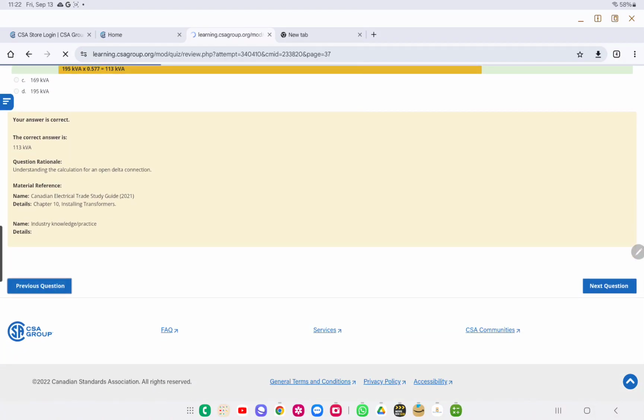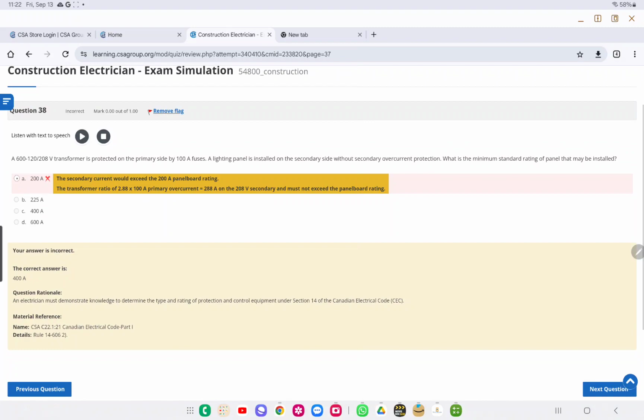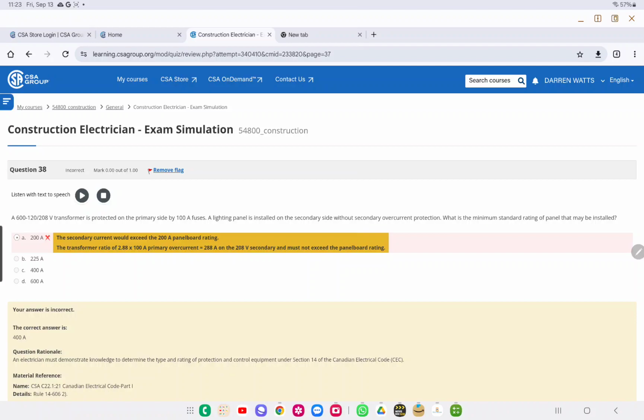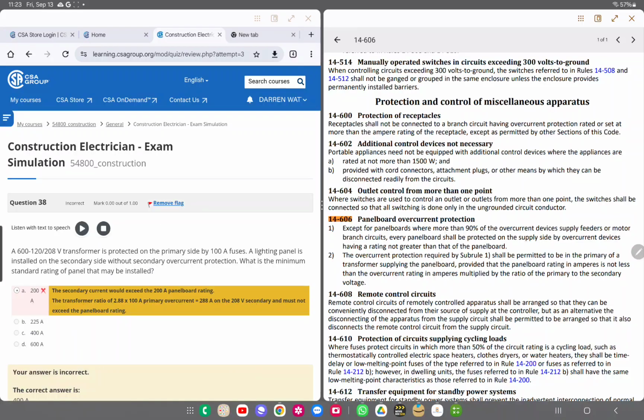But I am curious to actually look at this rule, 14-606. Let's look at that and see what it says. 14-606, panel board overcurrent protection. Except for panel boards where more than 90% of the overcurrent devices supply feeders or motors, branch circuits, every panel board shall be protected on the supply side by overcurrent devices having a rating not greater than that of the panel board.